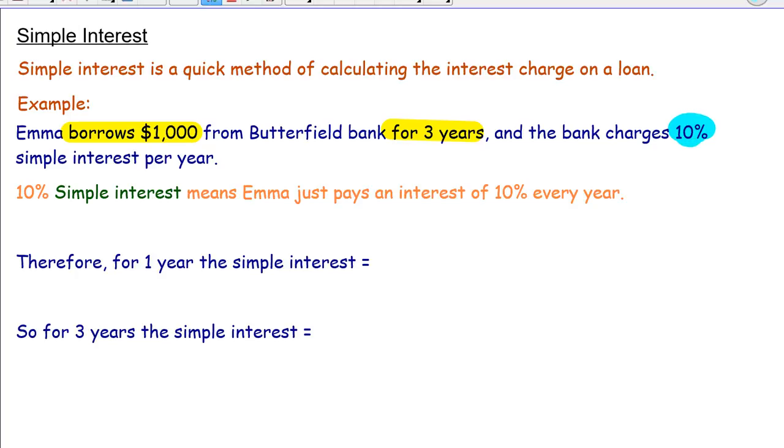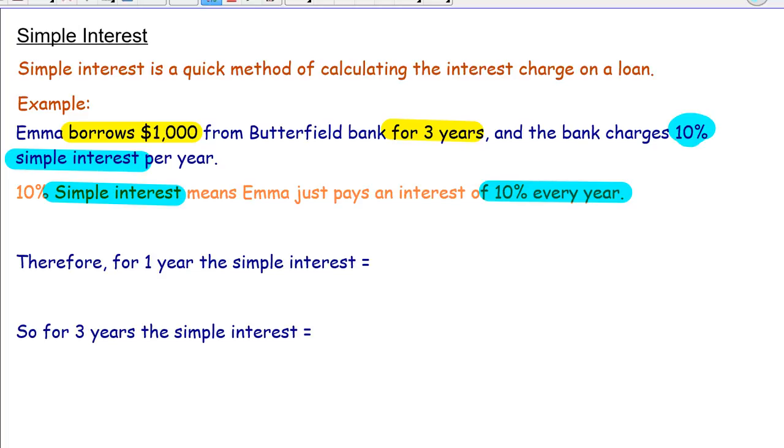The word simple interest here, or basically 10% simple interest, means that Emma just pays an interest of 10% per year. So she's going to pay an interest of 10% every year. So every year she'll be paying 10% of the amount that she borrowed, and that will be the interest.